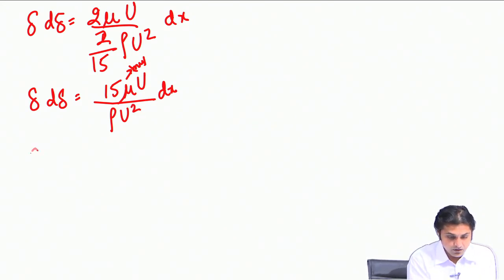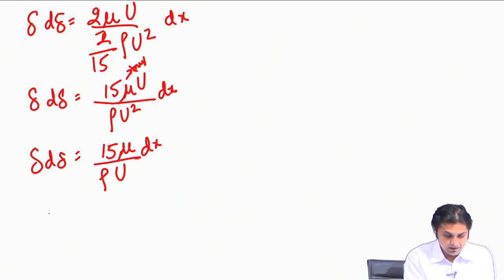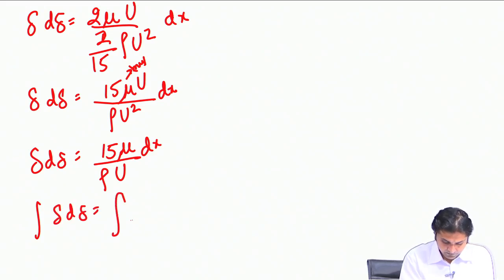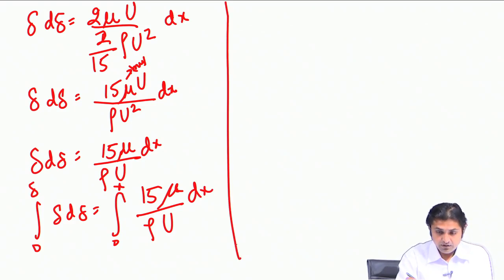Or delta d delta, U gets cancelled, so it will be 15 mu by rho capital U dx, and then we can integrate, delta from 0 to delta, and x from 0 to x, of 15 mu divided by rho capital U dx.